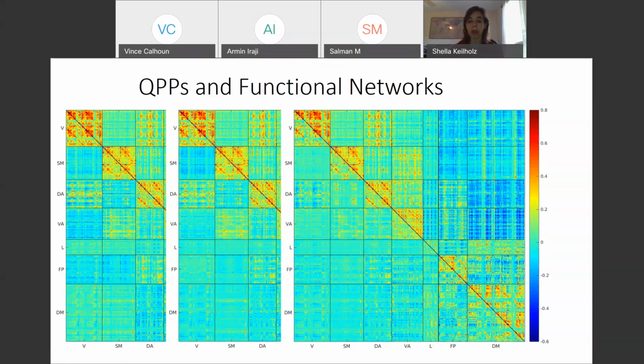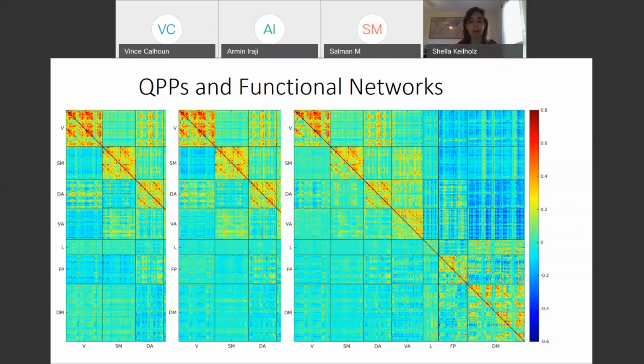So it's showing that typical bilateral symmetry that we see in functional connectivity studies, but interestingly enough, it's not removed by the regression of the QPP like a lot of the other connectivity is. Now, that may just be because it's exceptionally strong, or it may be for other reasons that we don't really know yet. But if you look, a lot of the connection within these networks goes down to close to 0.